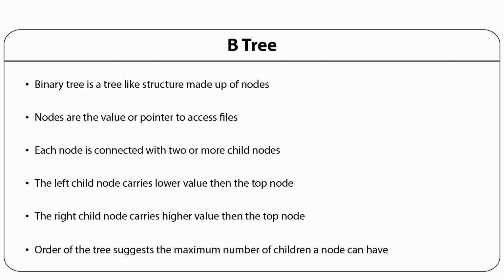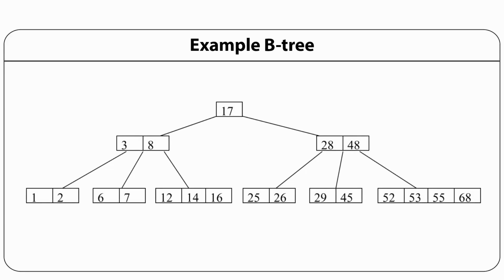That means any node can have a maximum of 4 children altogether, and that particular node cannot have a fifth child. This is an example of a binary tree of order 4.